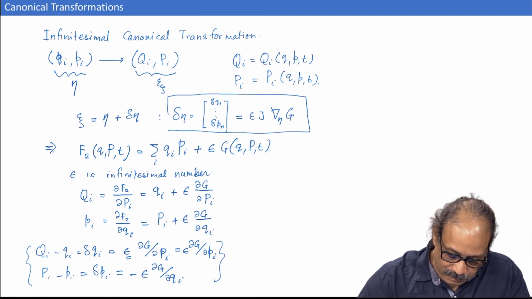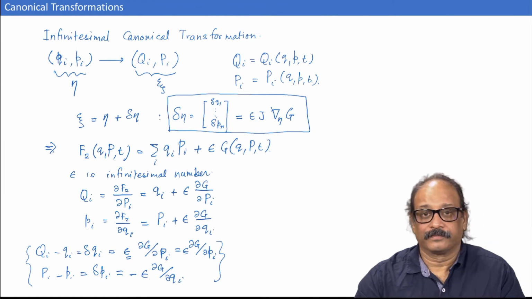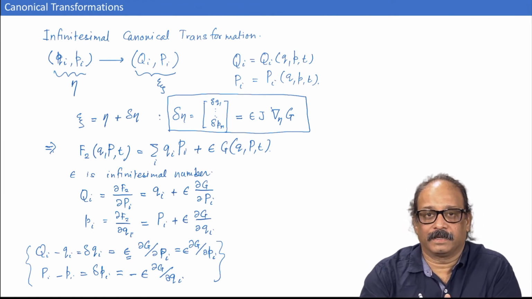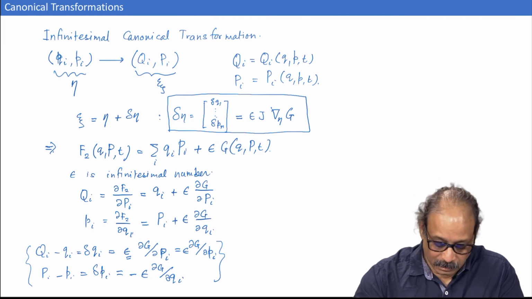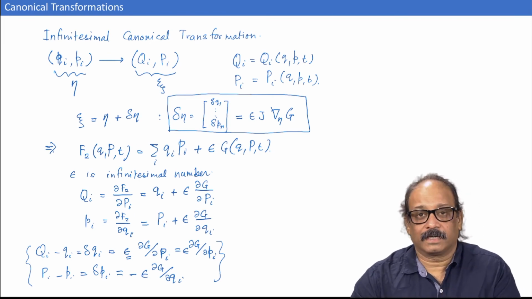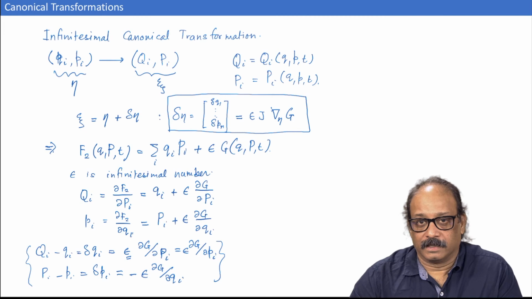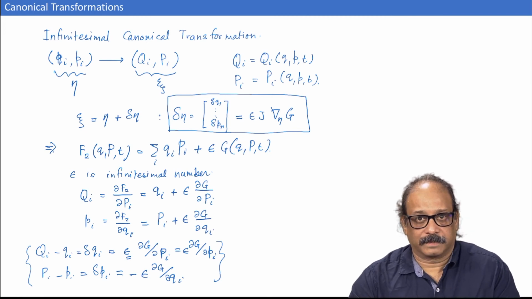So, the change in eta in this infinitesimal canonical transformation is given by epsilon times j times the gradient of g with respect to eta.